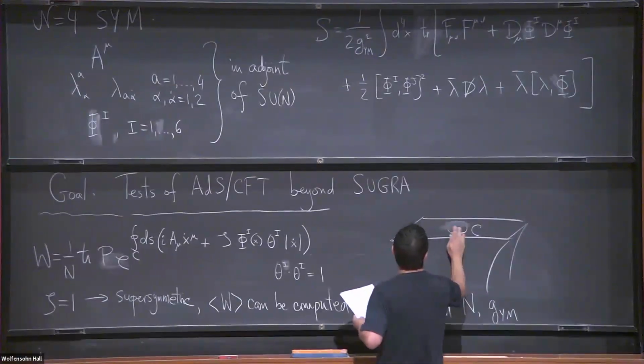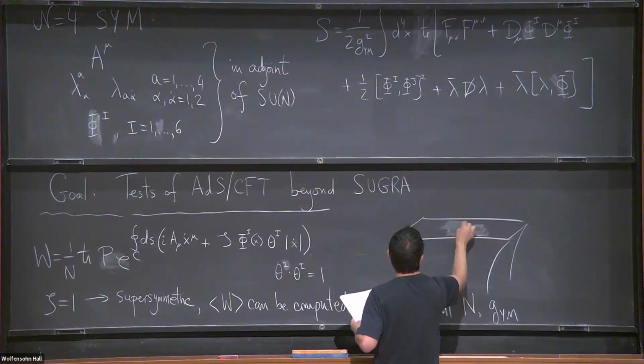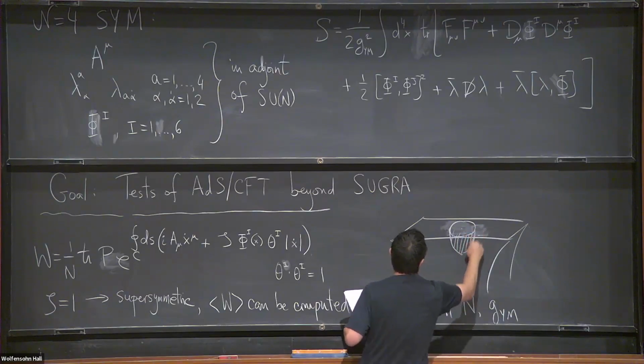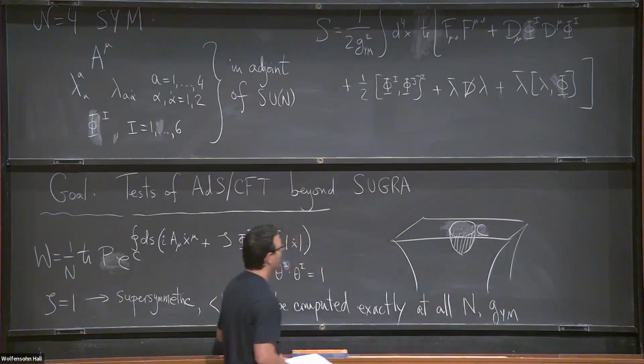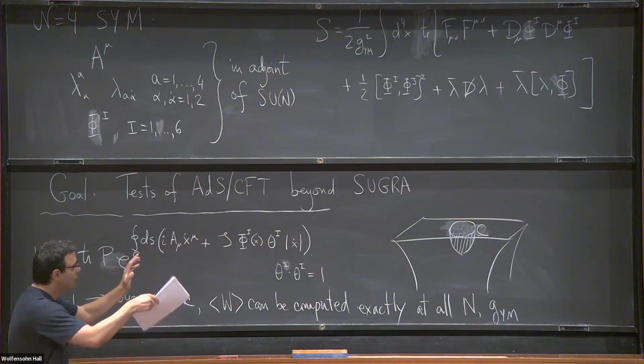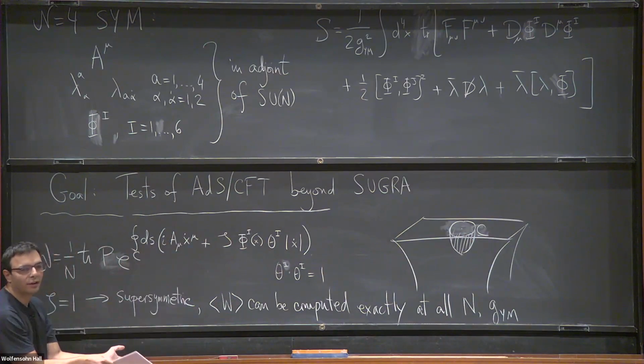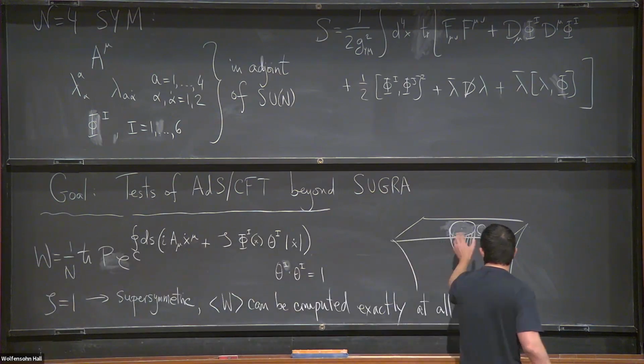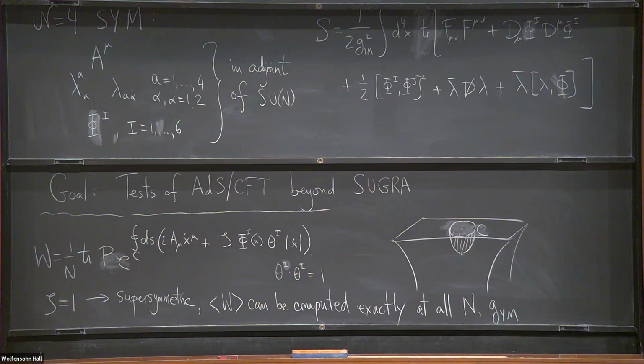Maybe I can draw it a little bigger so that we can see it. Unfortunately, my ideas space is not that big here, even though it's infinite. So for the contour, there's a string worldsheet that extends in the bulk, and we are supposed to compute its area, extremize over it, and the expectation value would be given by this expression.